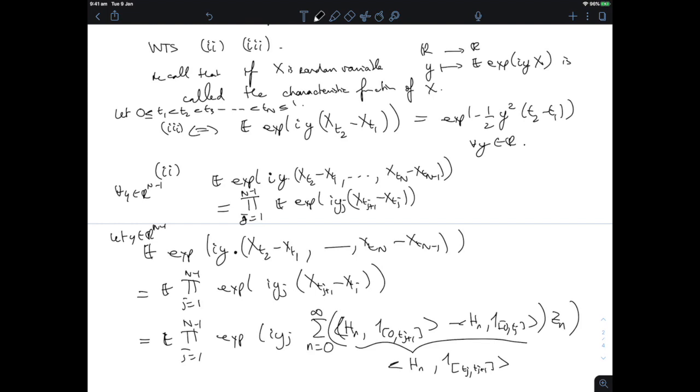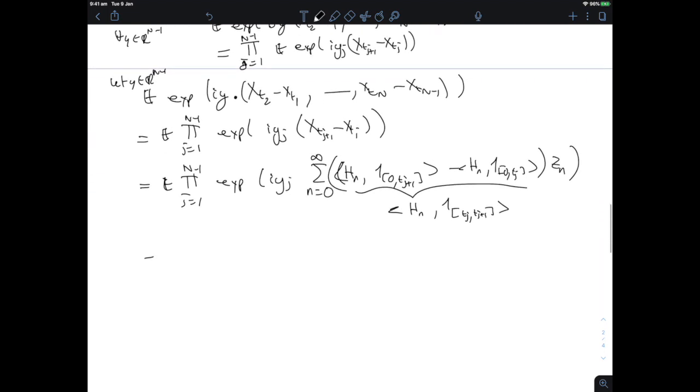And now I can use the fact that the series converges uniformly, and what I have here is the expectation of a product over j equals 1 to n minus 1, and an infinite product over n equals 0 to infinity, of the exponential of i y_j times the inner product of the indicator function of [t_j, t_(j+1)] with the n-th Haar function, times Z_n.